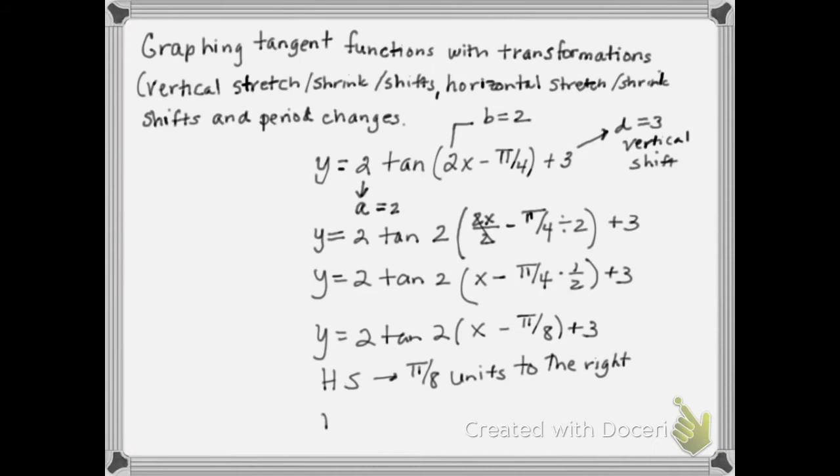Remember, the period of any tan graph is pi over the absolute value of B. B was 2, so that's pi over 2. So this is my period. Now I have some information I may need when I'm actually working this problem out.